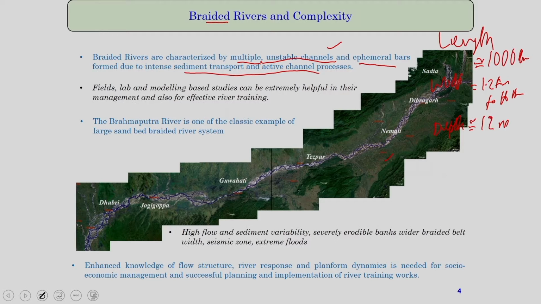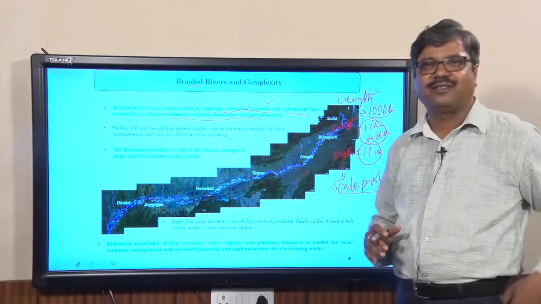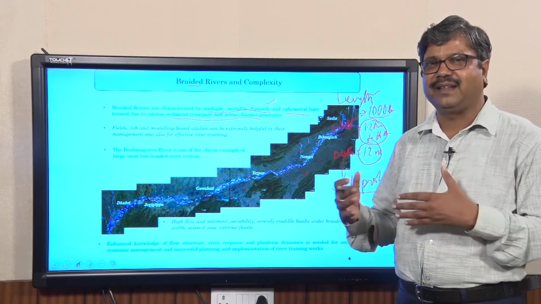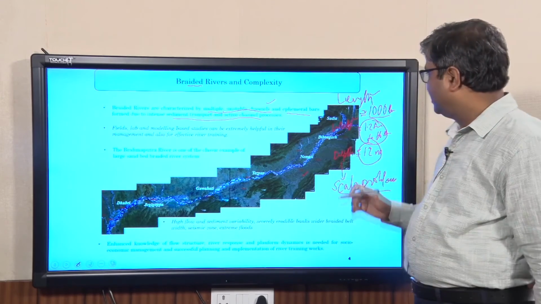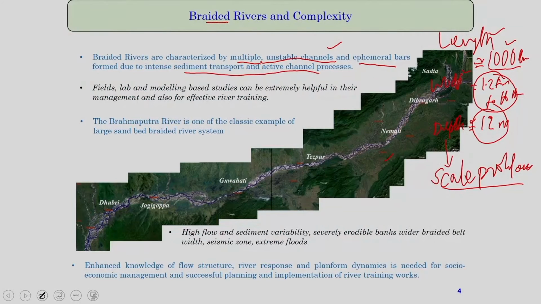If you look at these values, the length is at 1000 kilometer scale, the width is at a few kilometer scale, and the depth is at a meter scale. This is what we call the scale problem with river systems, because the dimensions of the rivers are not the same in length, width and depth, with a considerable order of difference.